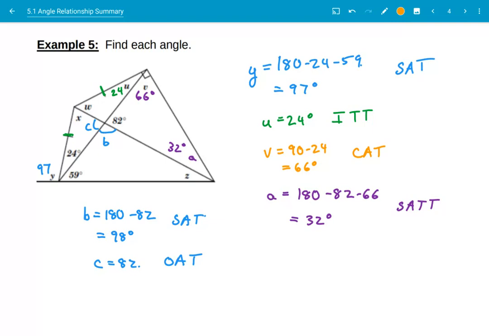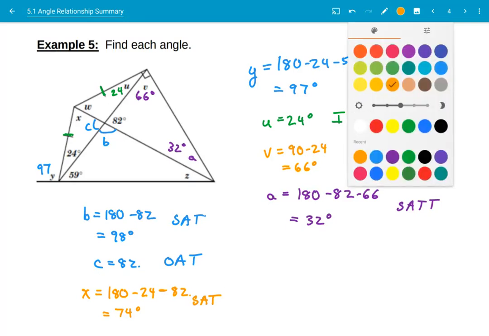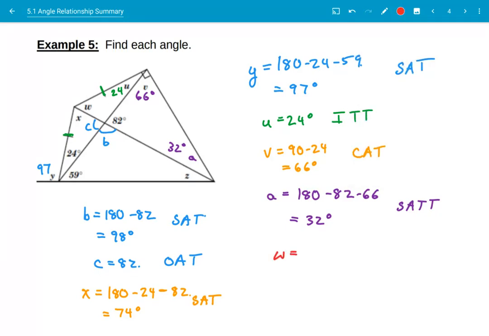Let's see where we know what to do. Okay, X first, let's say 180 minus 24 minus 82. That's 74 degrees. Sum of the angles of a triangle theorem. Let's see, I still need Z and W. W, 180 minus 24.